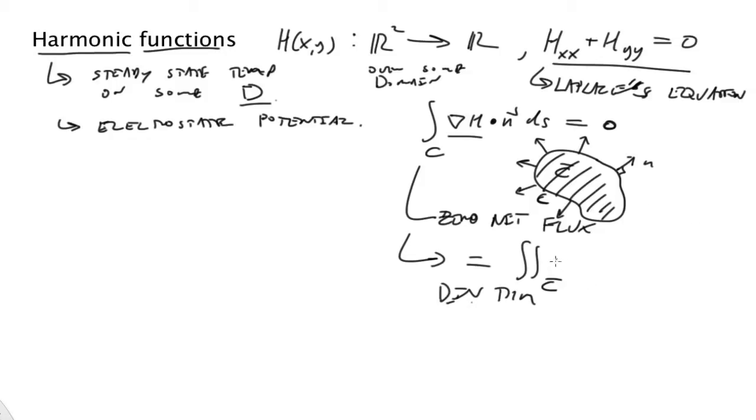That is equal to the integral of the divergence of this flux field over that area, which is simply the divergence of our gradient field, precisely h_xx plus h_yy equals 0.